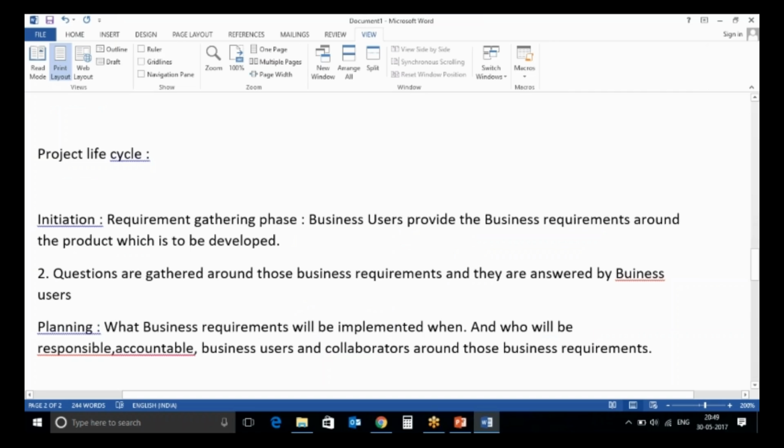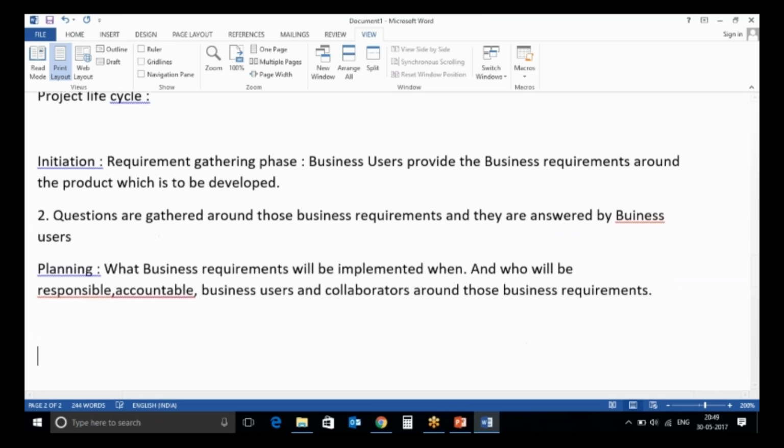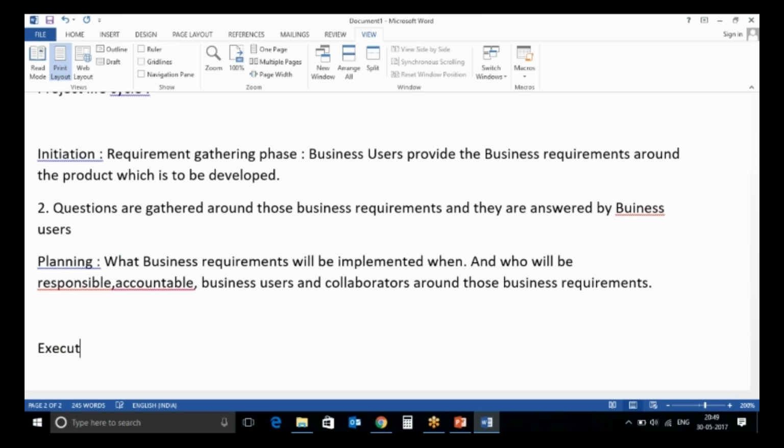The next thing that comes into picture is the third phase, which is executing. In this phase, all the business requirements are designed into business scenarios.